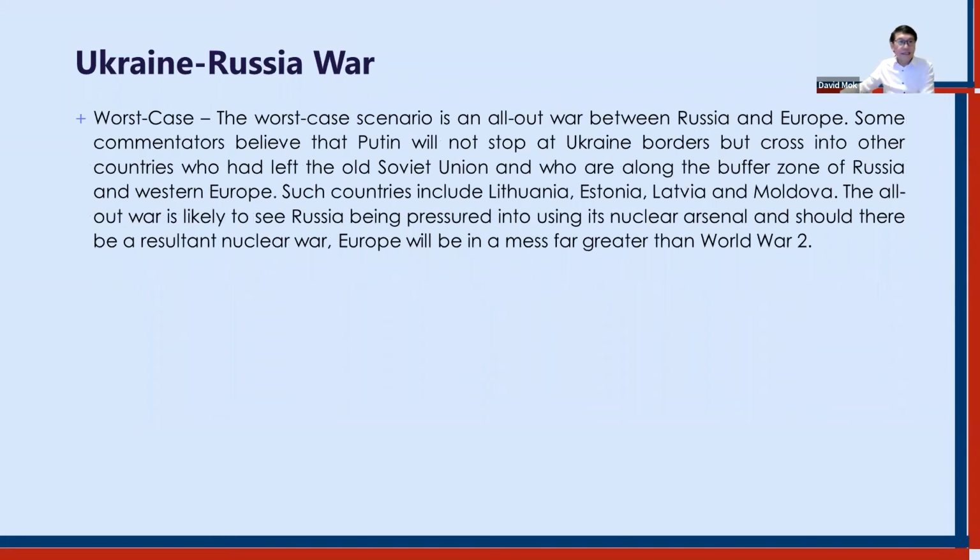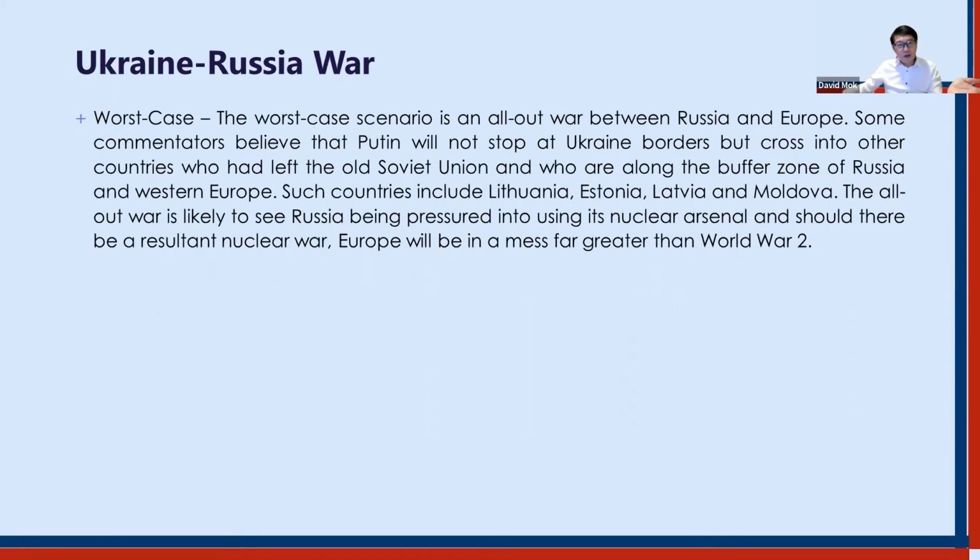The worst case is the scenario of an all-out war, Russia and Europe. It's not just Ukraine, right? Europe, and of course, the US will be pulled in. Some commentators believe that Putin will not stop at Ukraine's borders, but cross into other countries that had left the old Soviet Union and who are along the buffer zone of Russia and Western Europe.